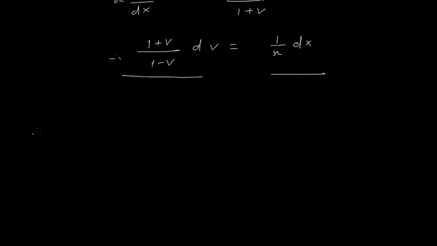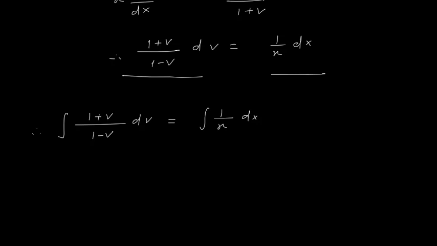Integration of 1 plus v upon 1 minus v into dv is equals to integration of 1 upon x into dx. Here the degree of the numerator and denominator is the same, so we can divide 1 plus v by 1 minus v.